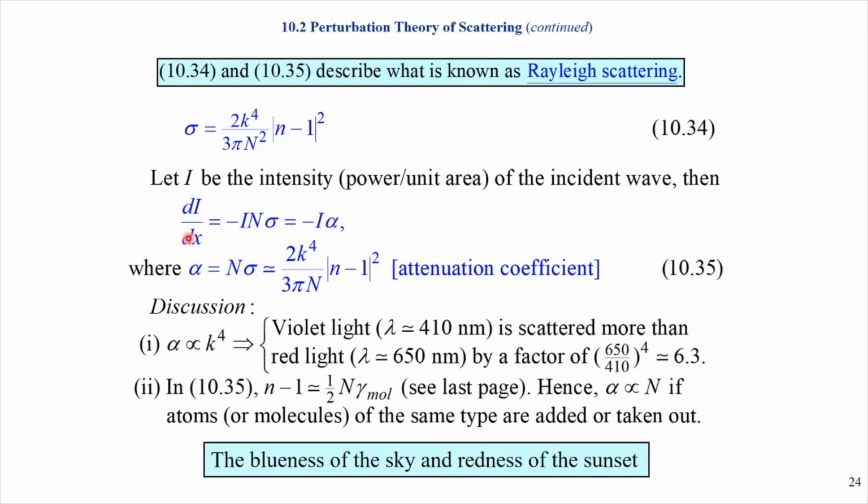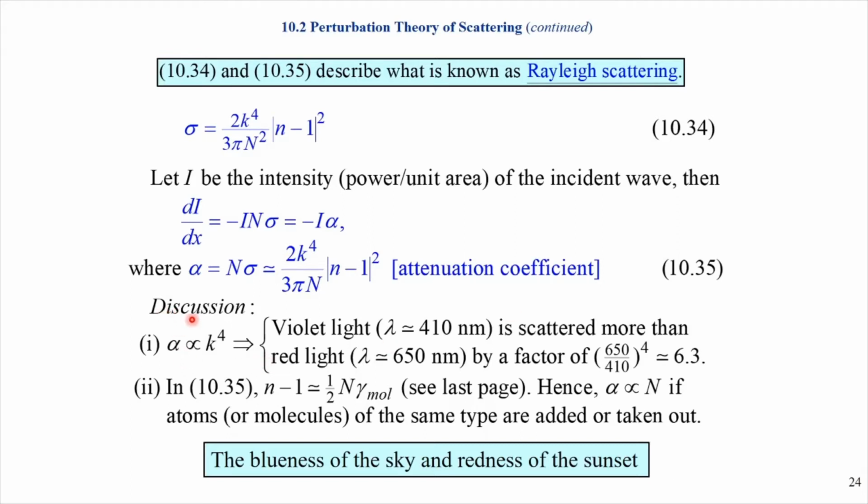So from this equation, you know the wave will become weaker, and the intensity of the incident wave from the sun will become smaller and smaller. Exponential decay because of the scattering, because of diffraction, because of the scattering due to molecules. When alpha equals N sigma, we get the attenuation coefficient.